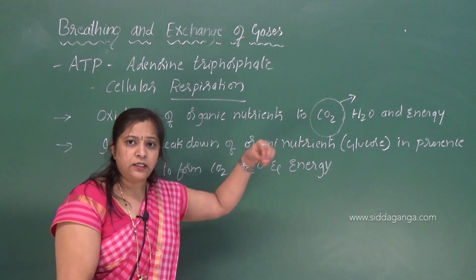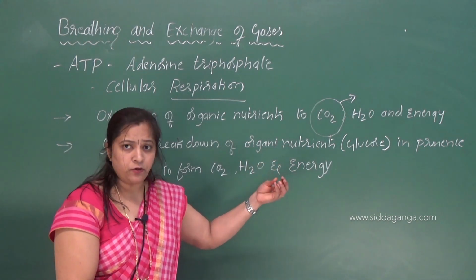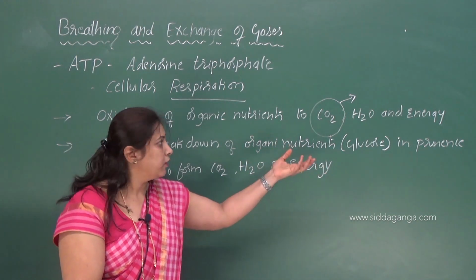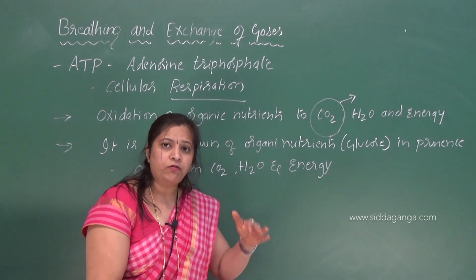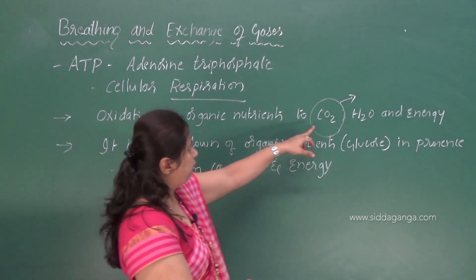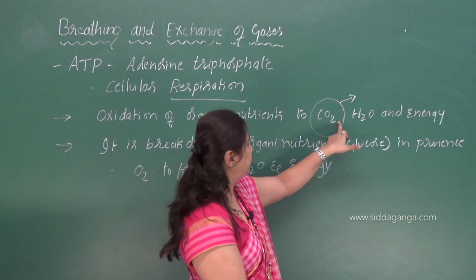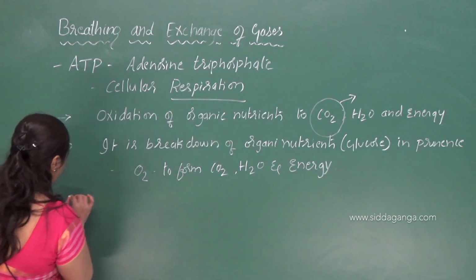That carbon dioxide is toxic to body cells, so as it is produced, the excess must be eliminated. So this process of exchange of oxygen from the atmosphere with the carbon dioxide produced by the cells is called breathing. Okay, so let us define breathing.